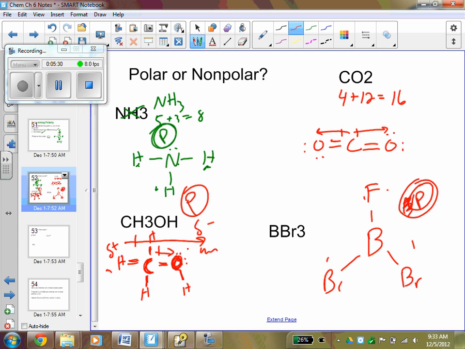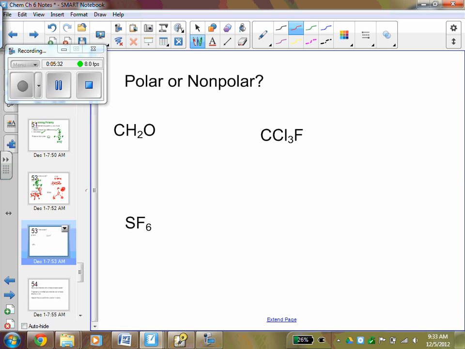Okay, next, some more polar and nonpolar issues. We have CH2O. So here I have carbon, hydrogen, hydrogen, double bonded to an oxygen. In this particular case, these bonds are not equal, and therefore the electrons are going to be located in this direction because oxygen is more electronegative than carbon, so this is a polar molecule.